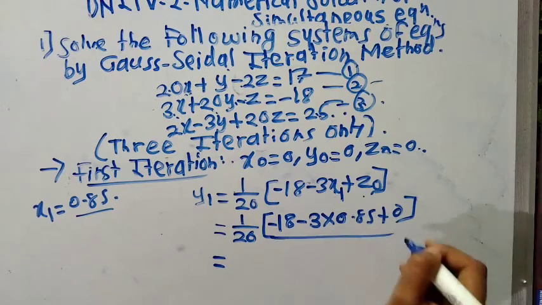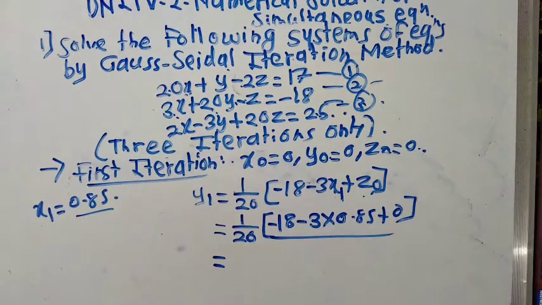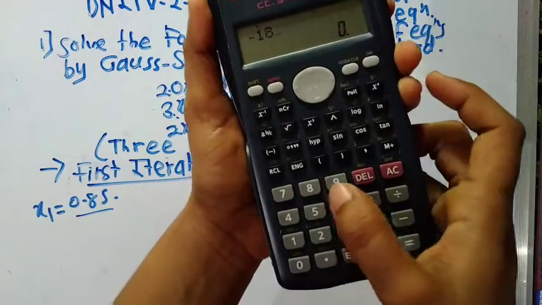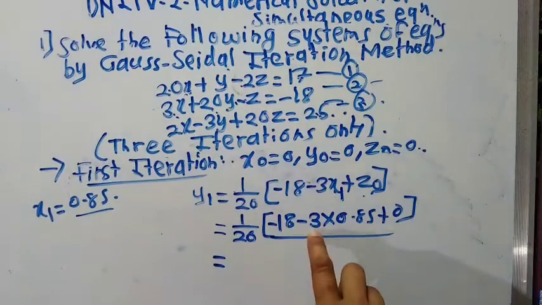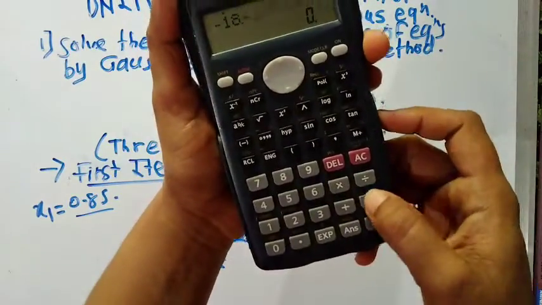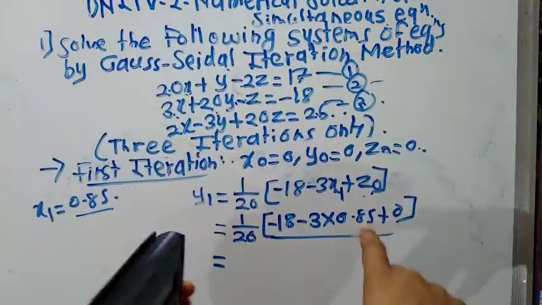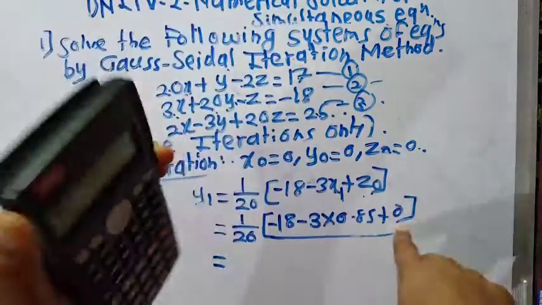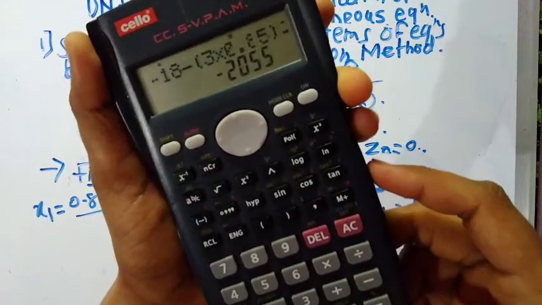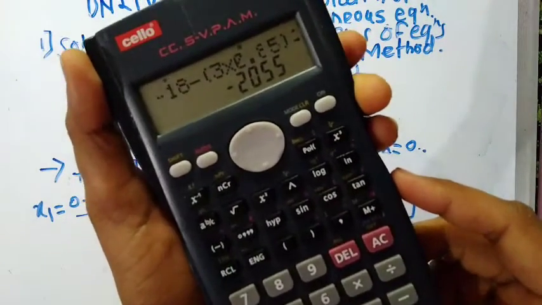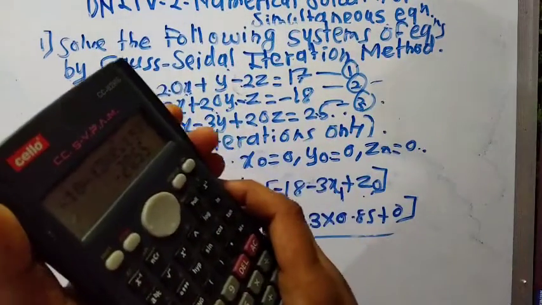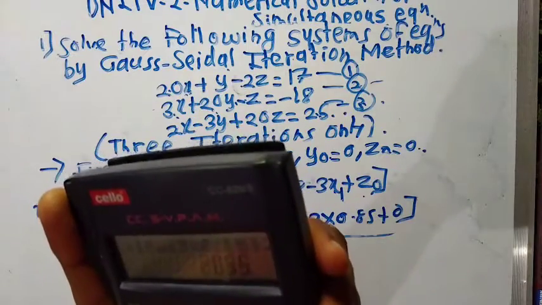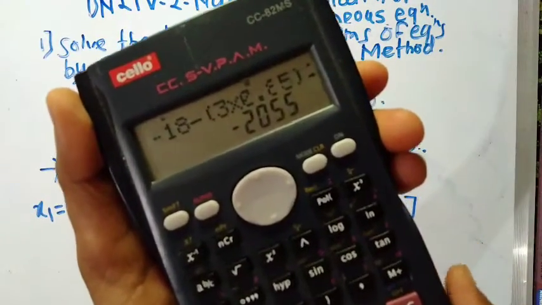So first find out this value: minus 18 minus 3 into 0.85 plus 0 is equal to minus 20.55.